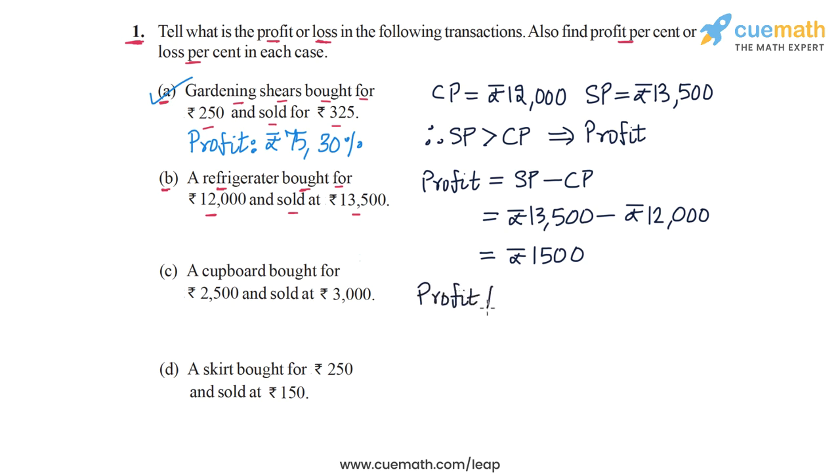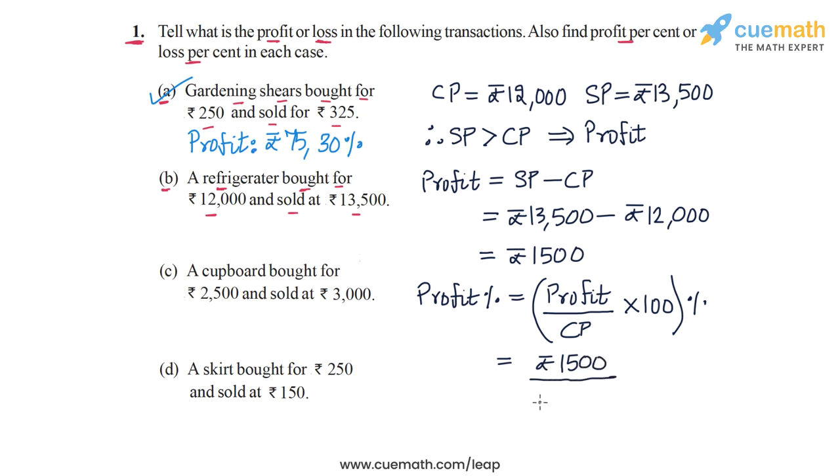The profit percent will be the absolute value of the profit over the cost price, so this fraction converted to percentage, into 100, these many percent. Profit is rupees 1,500, cost price is rupees 12,000, and we multiply this by 100.